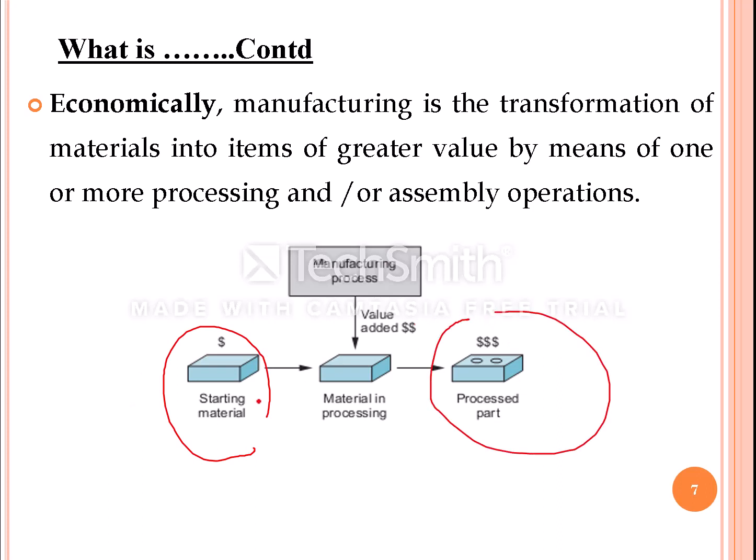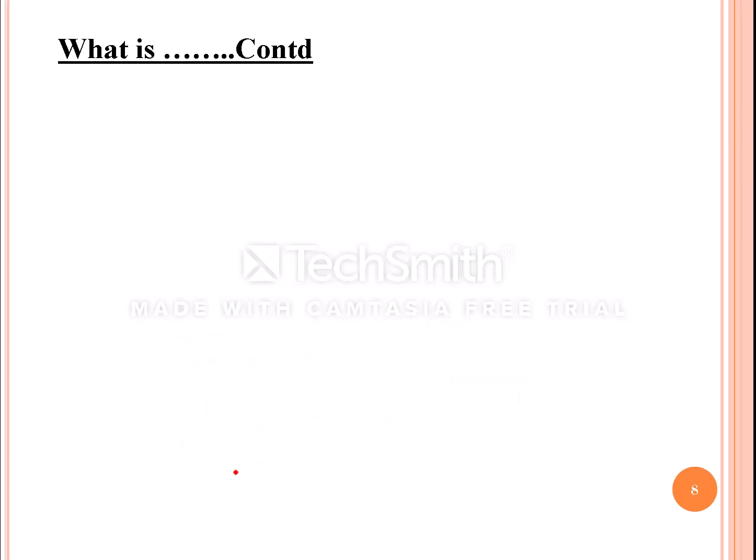To make the given material more valuable, we process the material using the manufacturing process, to add value. So the output is of more value than the starting or input material. So economically, we can define it as the transformation of materials into greater value, intended to produce and also to give some application.